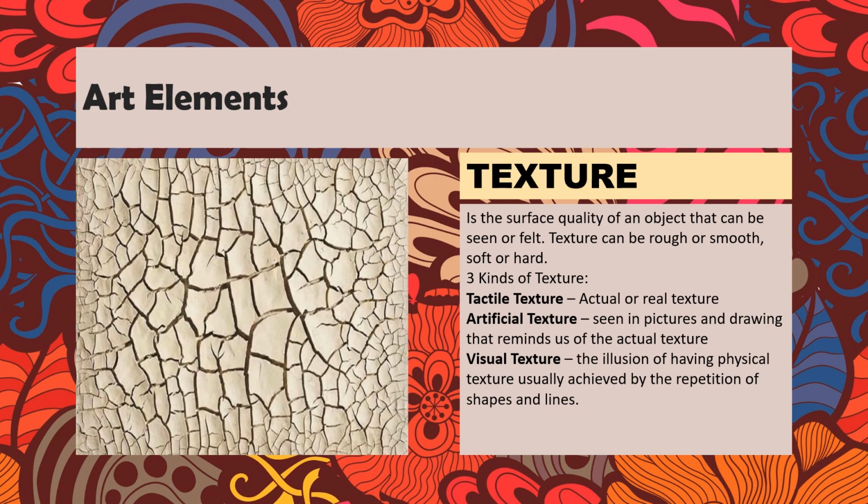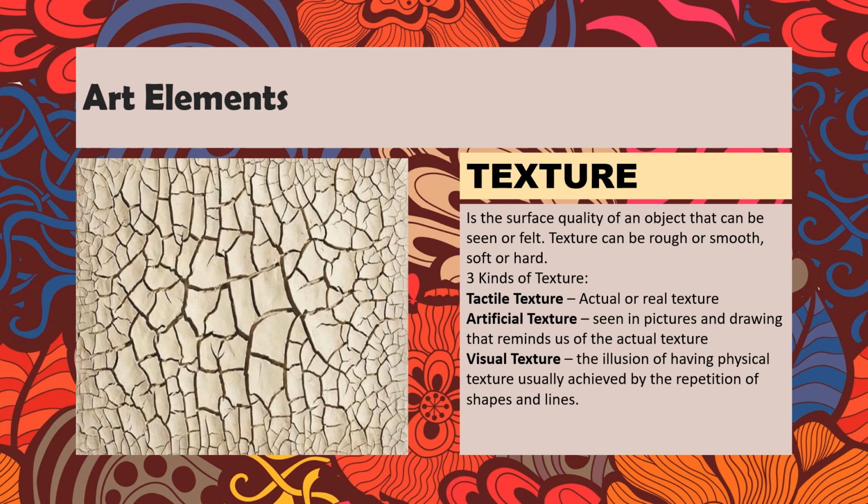And we have texture. Texture is the surface quality of an object that can be seen or felt. Texture can be rough or smooth, soft or hard. There are three kinds of texture, namely tactile texture, or the actual or real texture.